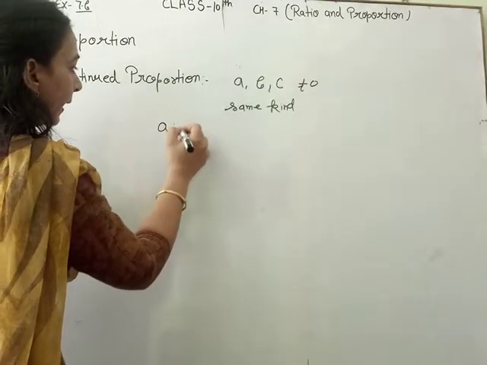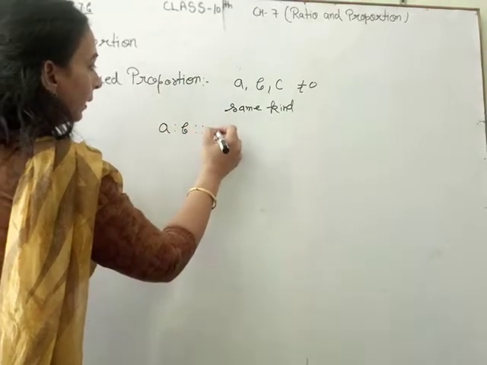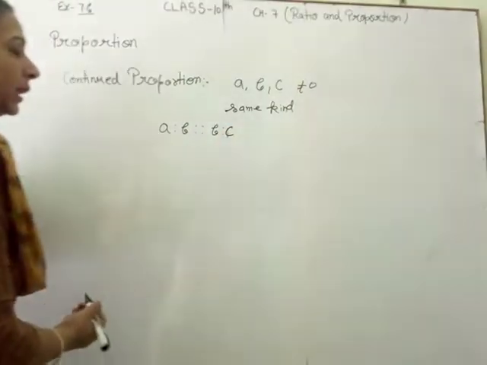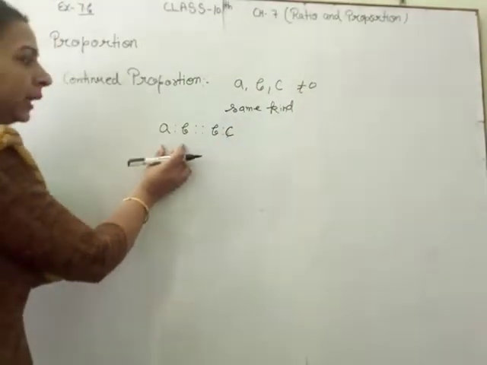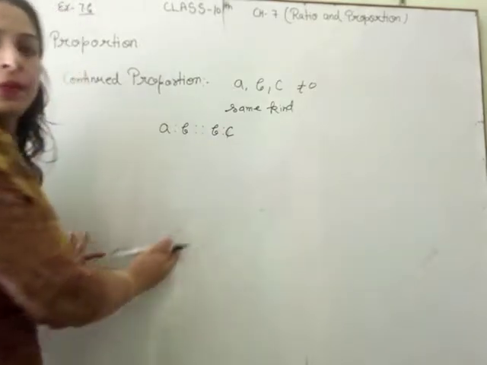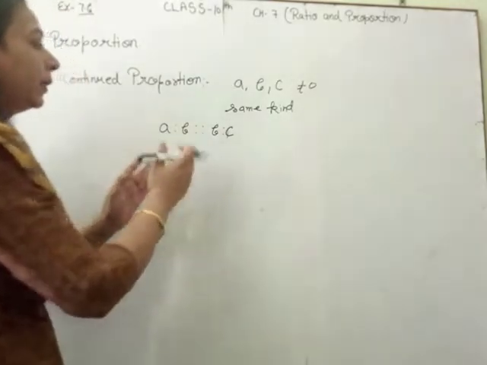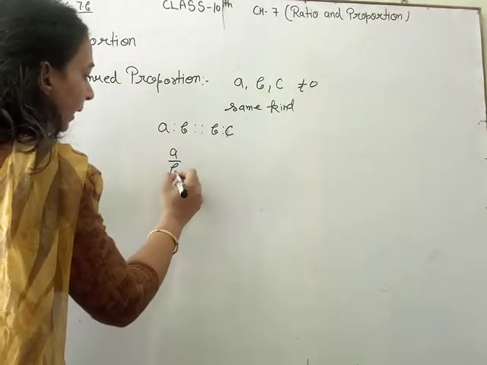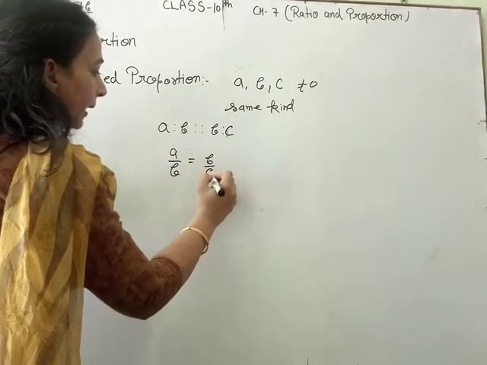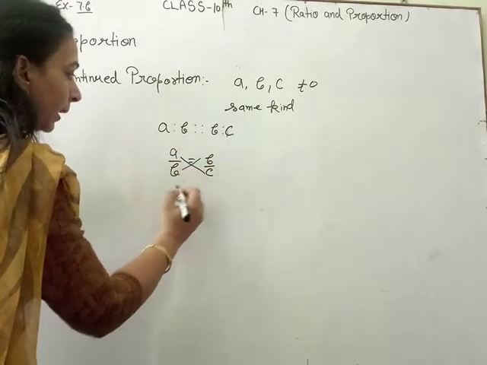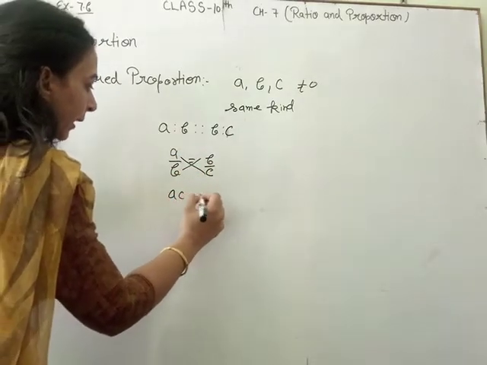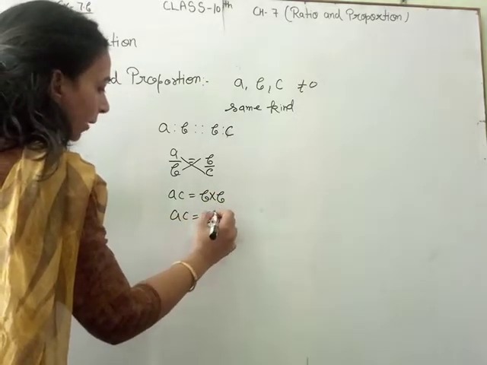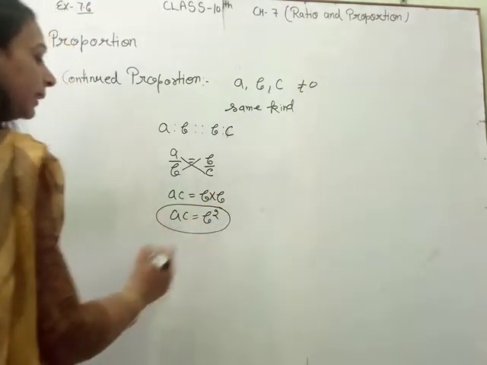Then we write A ratio B proportion B ratio C. Students, the ratio of A is to B the same as B is to C. The ratio of A and B equals the ratio of B and C. We write this A by B equals B by C, and according to cross multiplication, AC equals B into B, then we write AC equals B square, and we use this result directly.